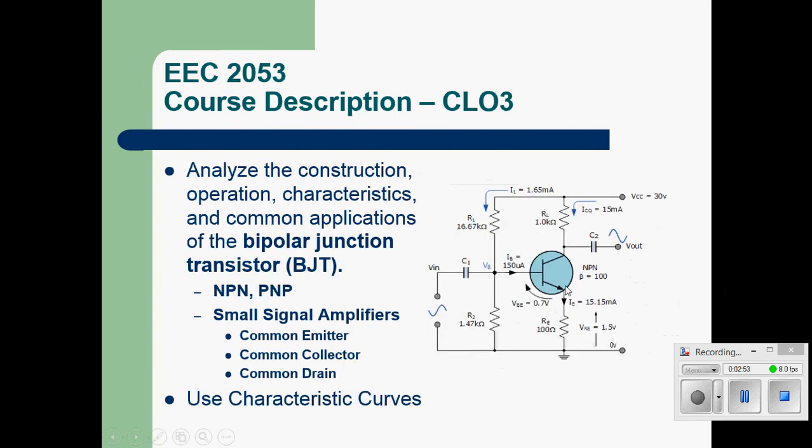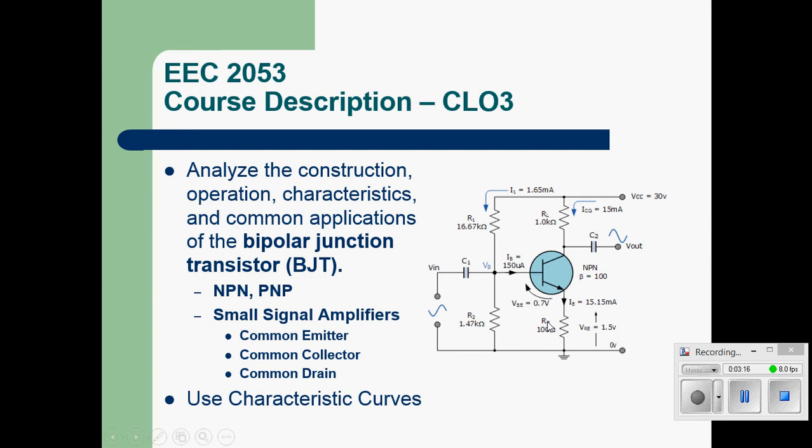Then we move to this device here, which revolutionized or changed our whole electronics world, called the transistor. The transistor is a special device, and you can find the transistor in almost every single electronics device on the market today.